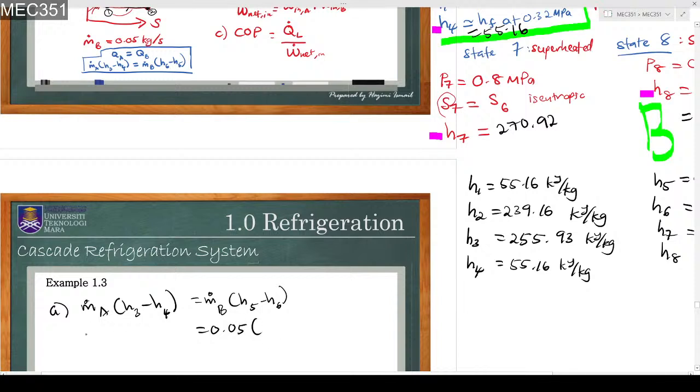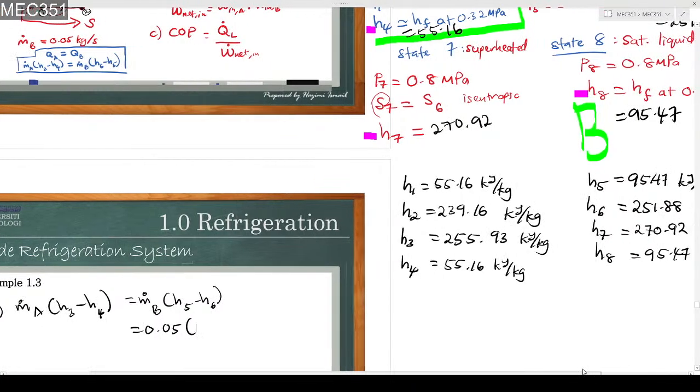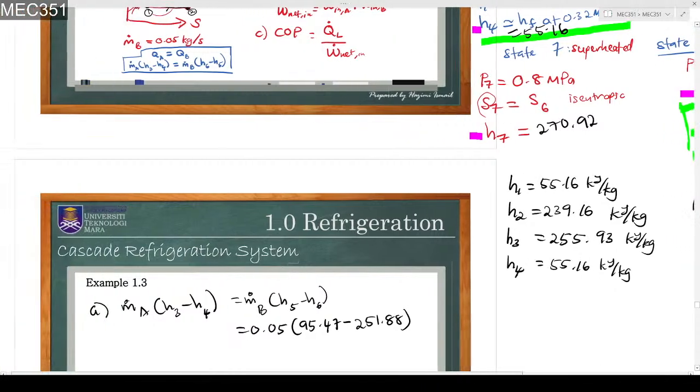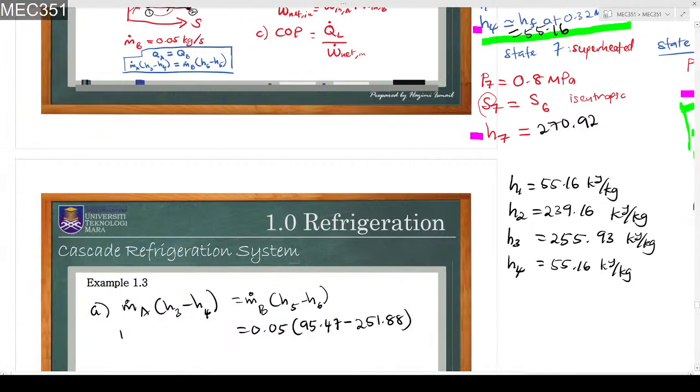Okay. H5, 95.47. H6, 251.88. Then M dot A, this is the unknown variable, this is the one that we want to find the value.